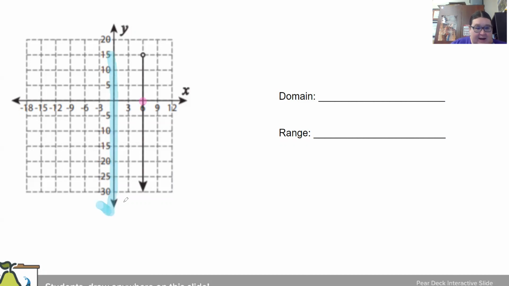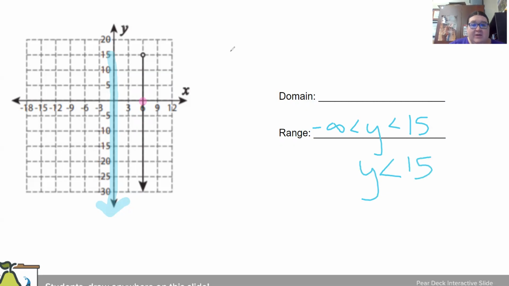And then it continues down forever. So we would say that for the range, it has to be less than 15. So this is from -infinity for y, and then y has to be less than 15. Does not include the equal to. You may not include the -infinity, so this could be written as just y is less than 15.